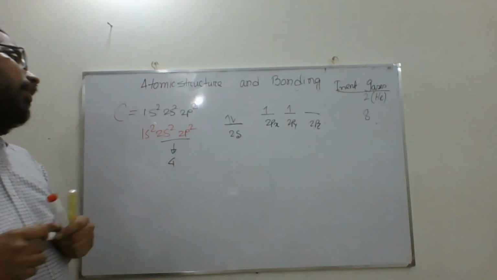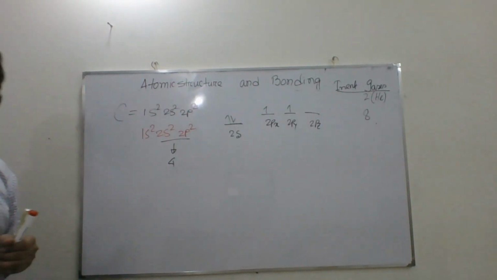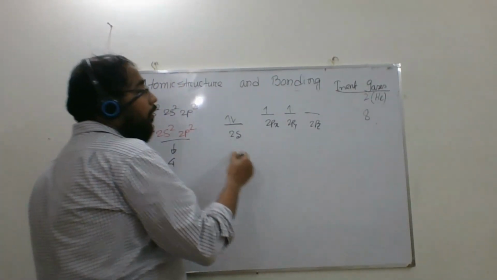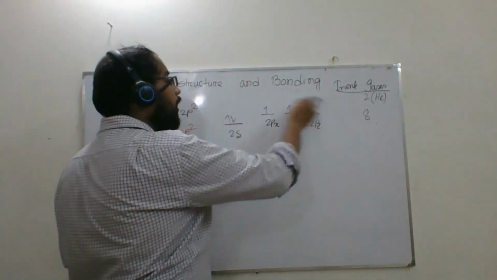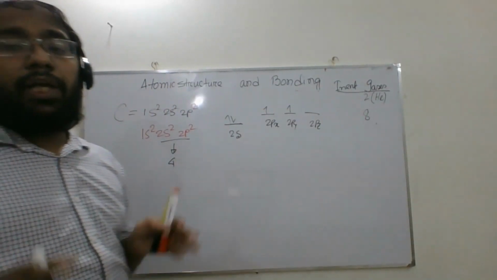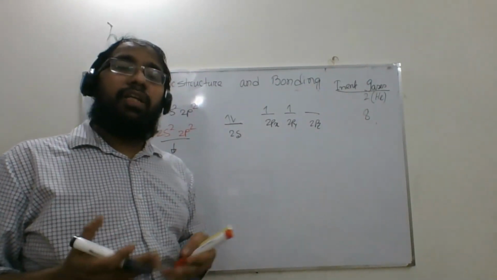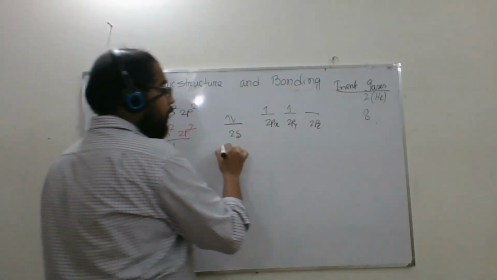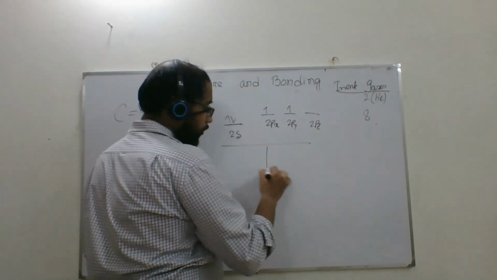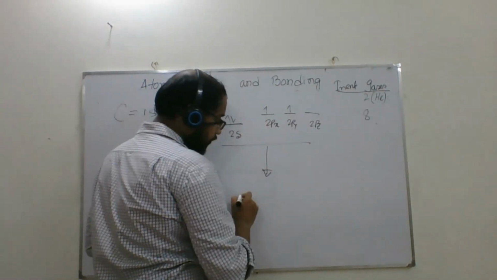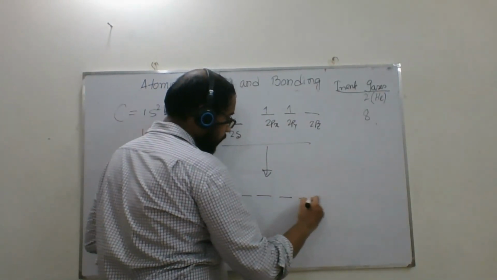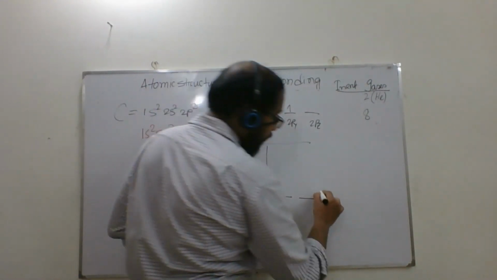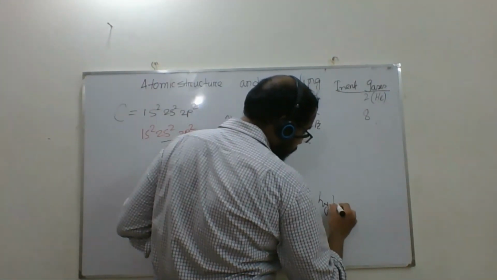Now, when carbon tries to form the sigma bond, they always mix up with each other to form equal energy orbitals. They have different orbitals, and they mix up with each other to form four different similar energy orbitals. They are known as hybrid orbitals.